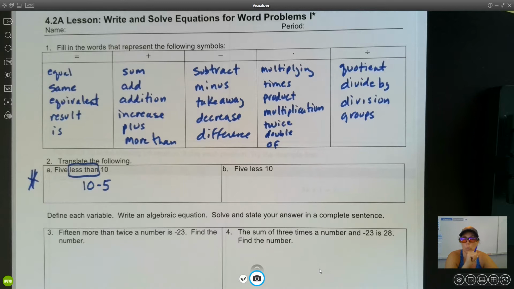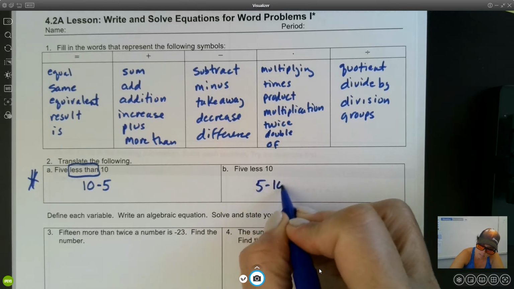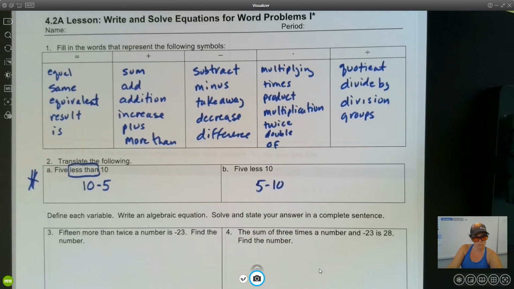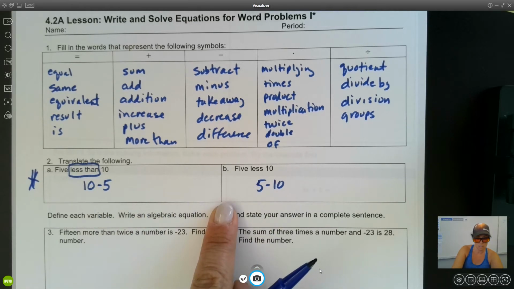If you are 30 years younger than I am, you would start with my age and subtract the 30 to get you. So it flips it around. This one, 5 less 10, is the exact order that it says. It's very important to understand these two and how they're very different.